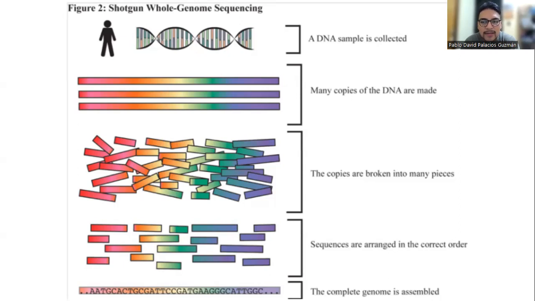But right now, you can have your whole genome in maybe a day or two. It's a lot of information to process, and the process is slow, but it's easy. If you are very careful, you're going to have your whole genome.